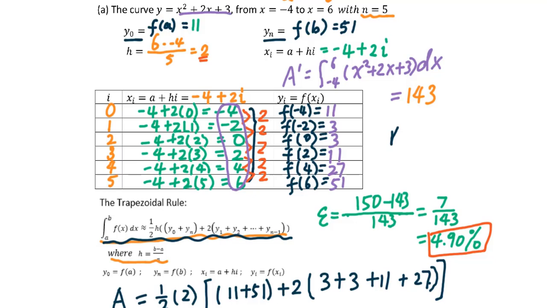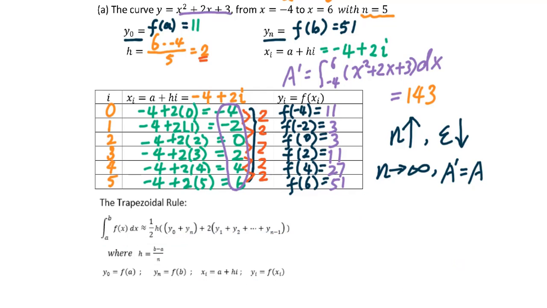When n is increasing, this percentage error will be decreasing. So when n approaches infinity, these two areas will be equal to each other. Basically, for the definite integral, we have the definition by limit.